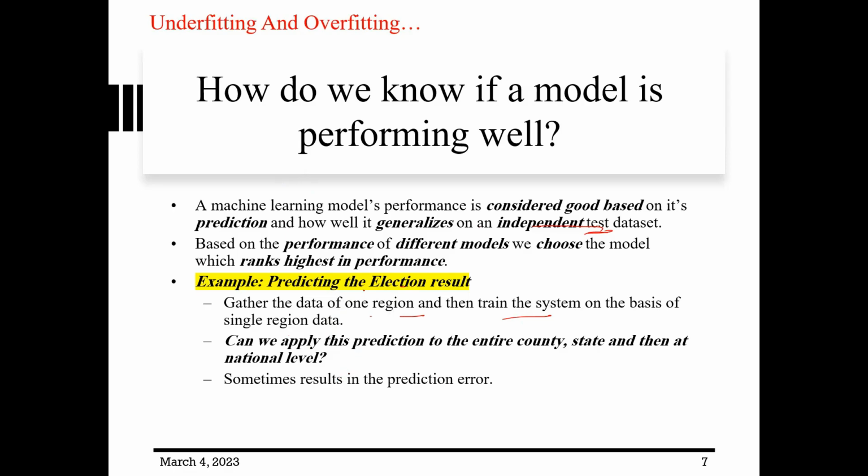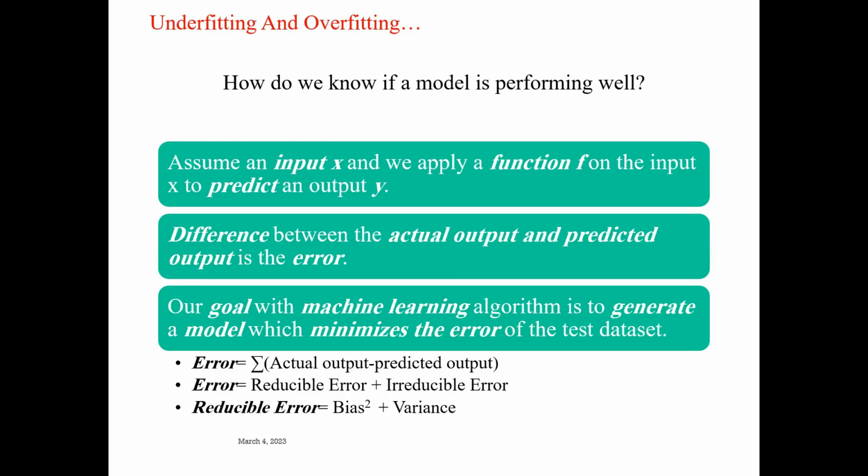You want to generalize the model you have trained on a particular dataset to other data. Of course, they all belong to the same type of data, but maybe coming from another zone or region. So sometimes it results in prediction error. What is the amount of prediction error that is acceptable? Which one is overfitting? Which one is underfitting, as the case may be?